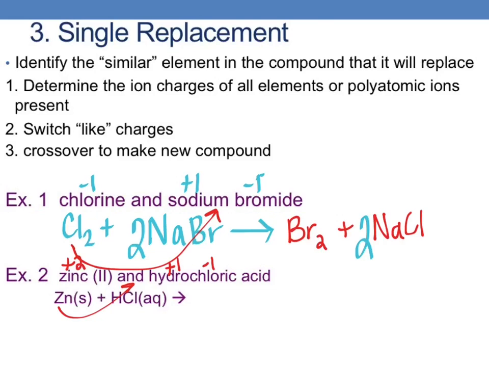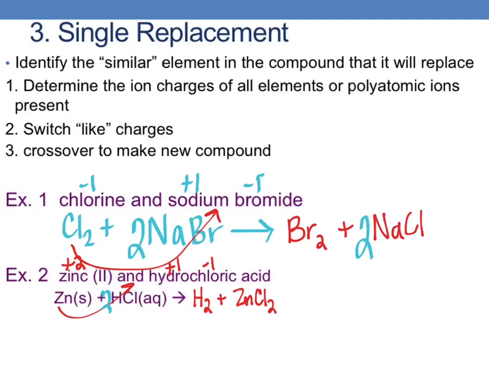When it kicks out hydrogen, who's left by themselves? Hydrogen is now left by itself. And now we get ZnCl2. And then you go in and balance it. Okay? Element, compound. New element by itself, new compound. Questions?